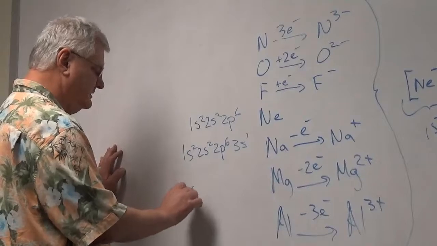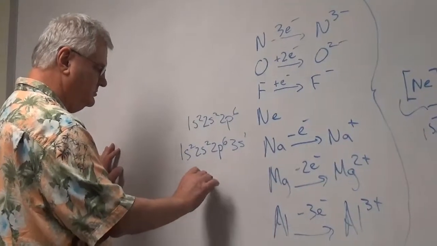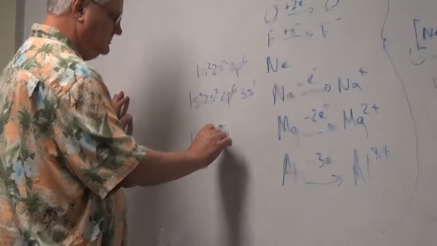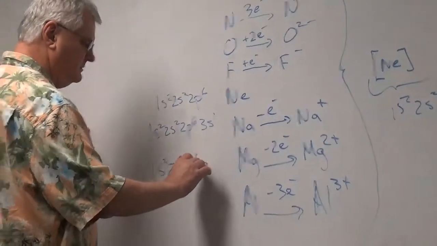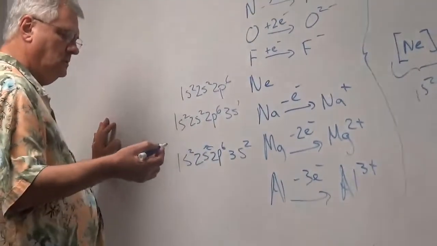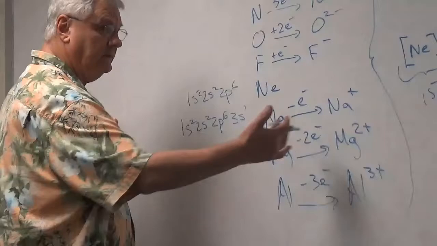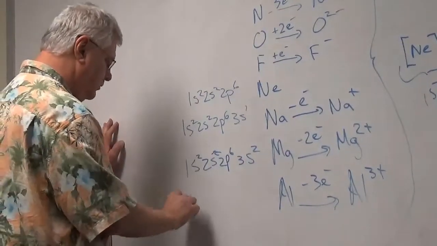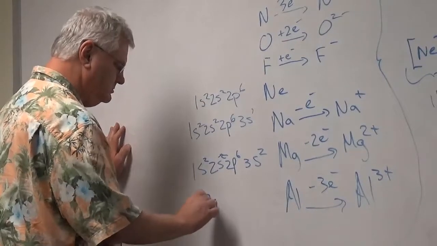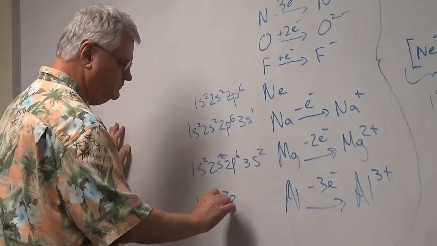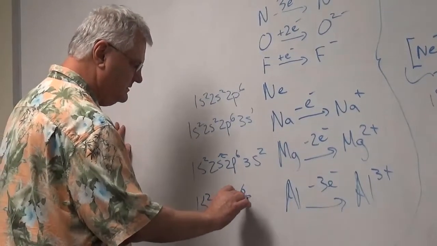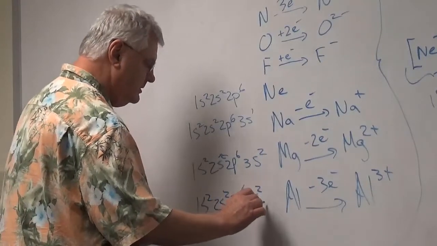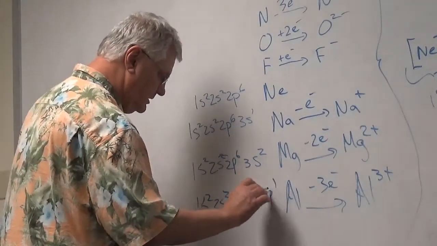For magnesium, 1s2, 2s2, 2p6, 3s2. For aluminum, now we need to start using a p orbital: 1s2, 2s2, 2p6, 3s2, and 3p1.